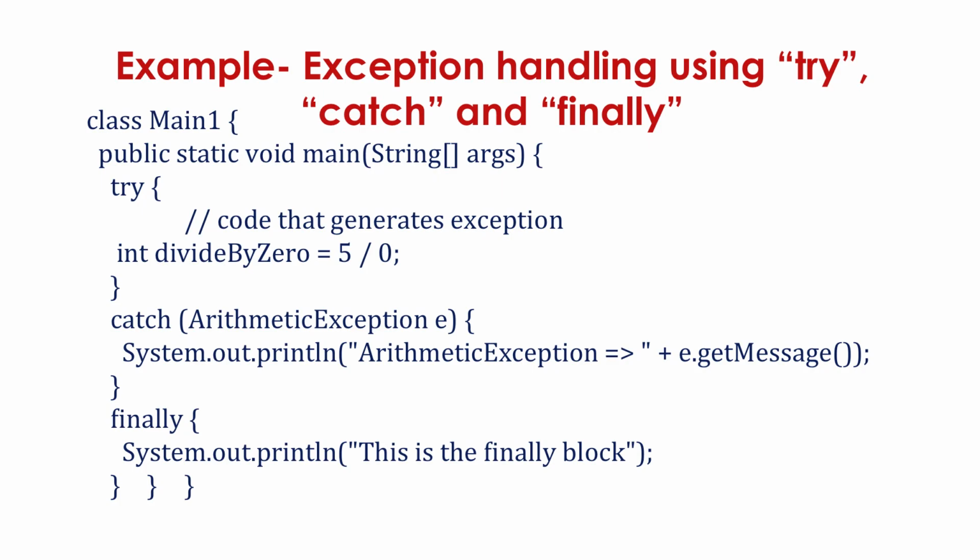It's a class type and its instance e is there; you may change its name. This e is a user-defined name, you can use any valid identifier name here. Inside this catch block we are trying to display the error message with the help of e.getMessage().